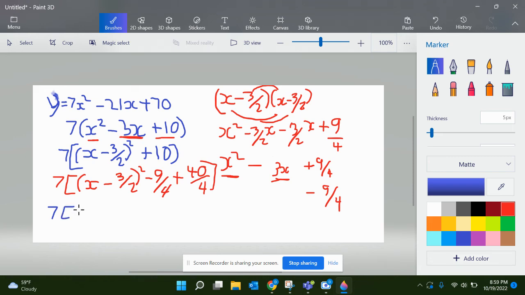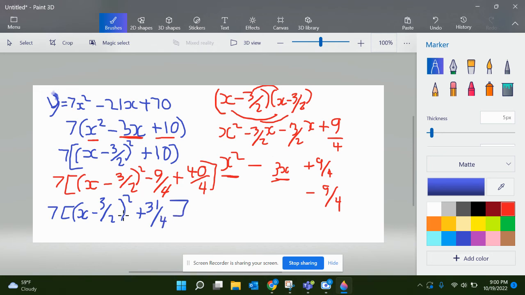Okay, so big bracket, inside bracket, x minus 3 over 2 squared plus 31 over 4. Okay. And at this point, we could probably... no, we can't do that yet.